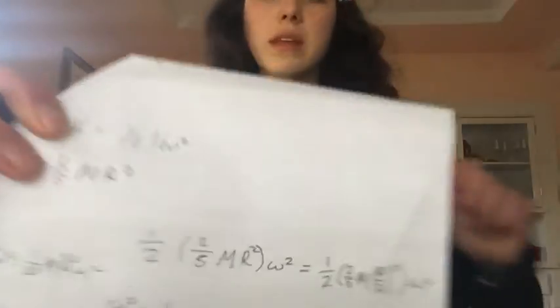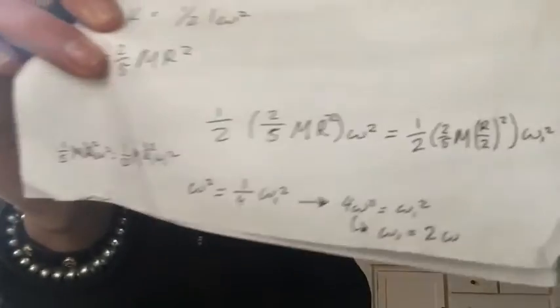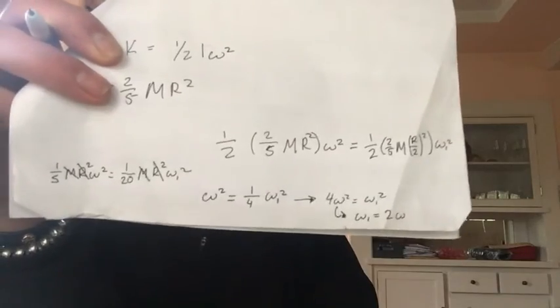This is exactly what I did to get this. So in this problem, our answer would be D, which is 2 times the original angular velocity. Oh, and I realized I was saying rotational velocity all this time when I meant angular velocity, but close enough, I don't want to refilm this.